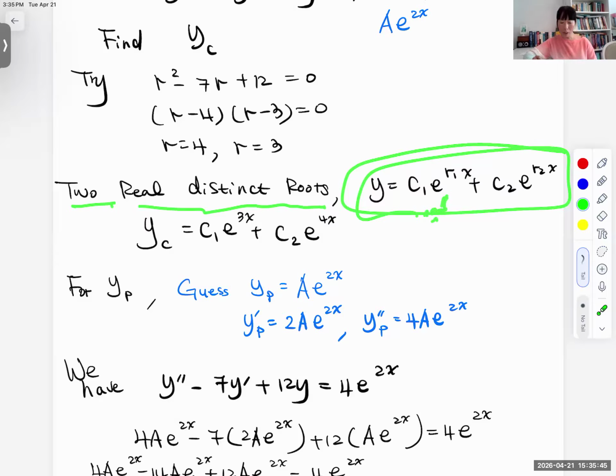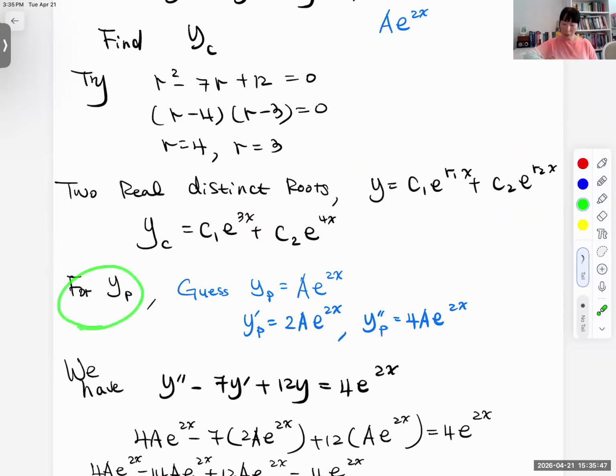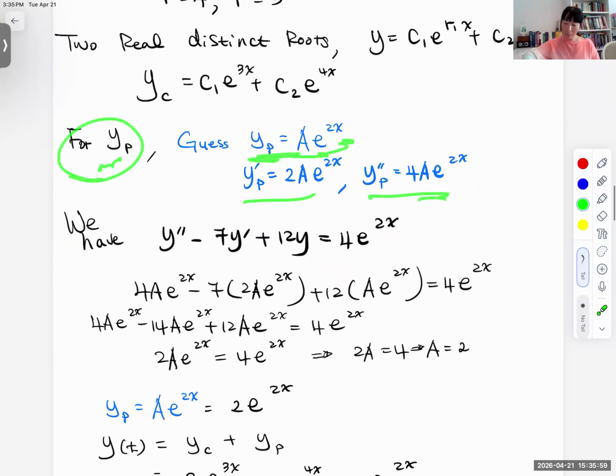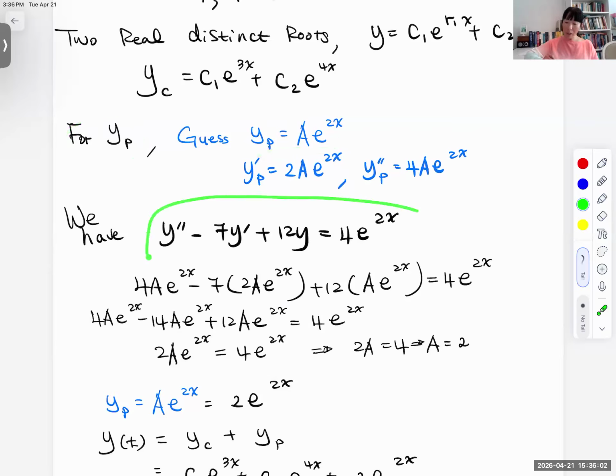Now the particular solution from the table. So we guess a e to the 2x, with its derivative and second derivative, we get that, right? Then from the original equation, we substitute what is y second prime, what is y prime, what is y, we substitute everything here.